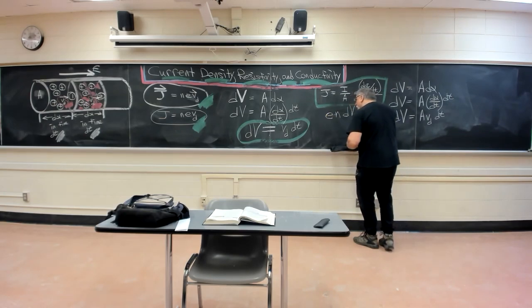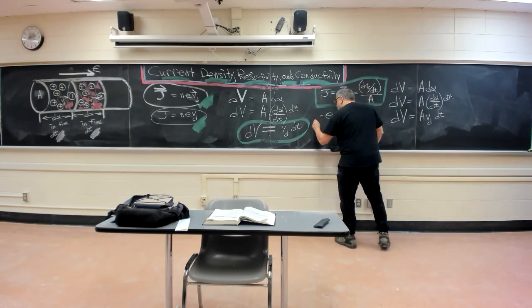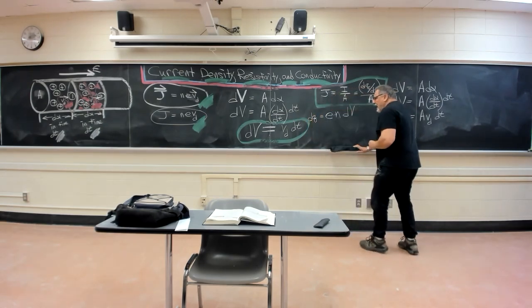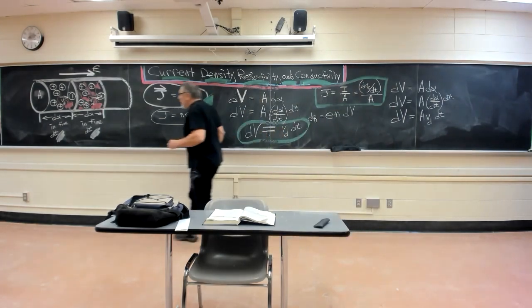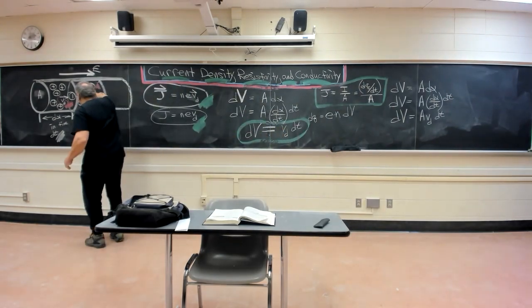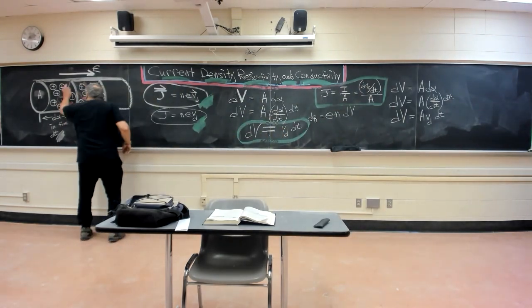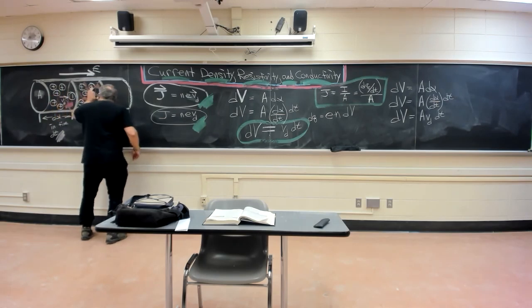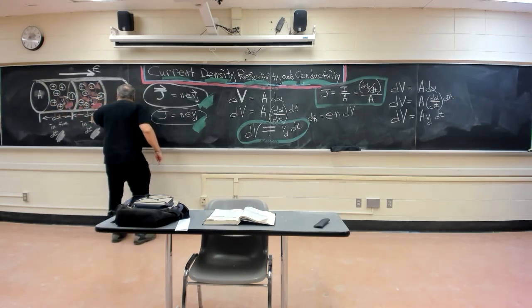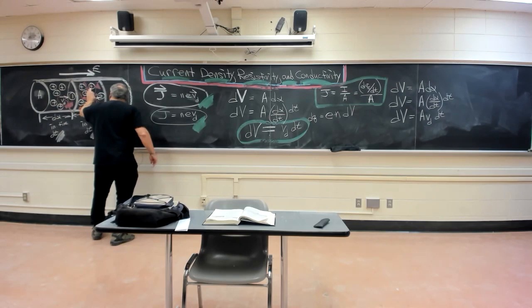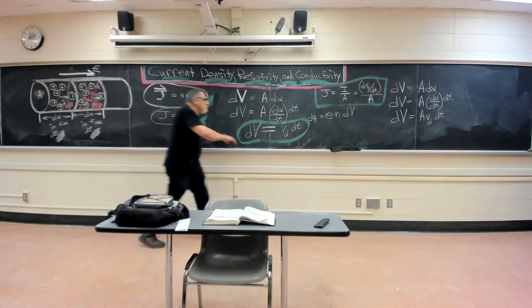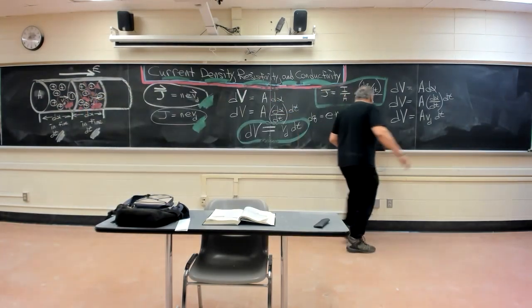Multiply it by the charge on each charge carrier, and you have the total charge present in this area, in this red area right here, in this volume, or in any other volume you can look at like that.